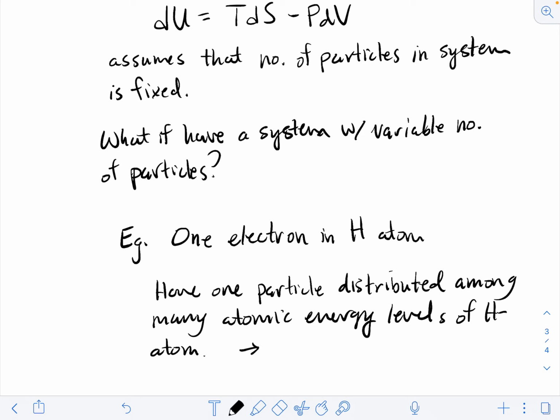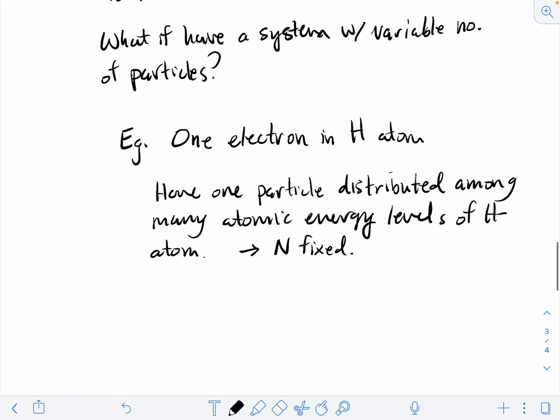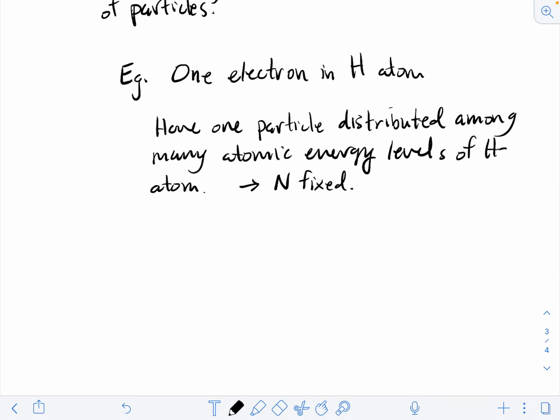That's an example of a system with a fixed number of particles. However, we could think of the system in a different way. We could choose a different system. What if our system was just one of the atomic energy levels?